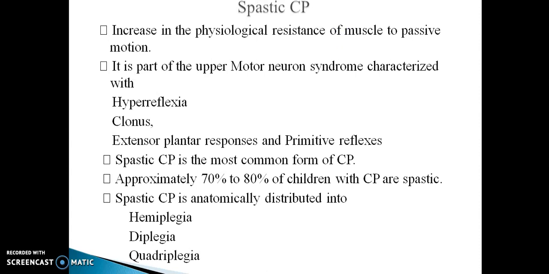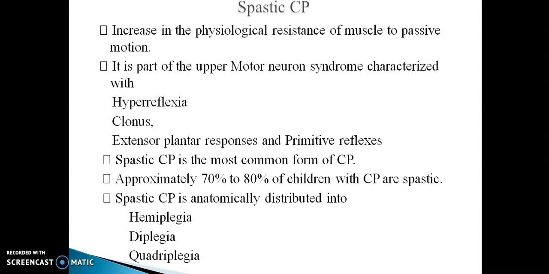Now going to each and every type of CP in detail. Spastic cerebral palsy is the most common cerebral palsy. Usually it can be spastic hemiplegia, so we will call it spastic diplegic cerebral palsy, spastic hemiplegic cerebral palsy, or spastic quadriplegic cerebral palsy.